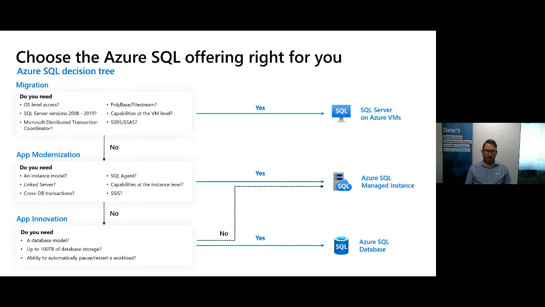Not really sure. And so this diagram here is to give you a bit of guidance around what that might be. To summarise, if you need operating system level access, or you're running a Microsoft Distributed Transaction Coordinator, we may have some capabilities at the VM level, or you may be reliant on reporting services or analysis services that you can't modernise to other Azure services right now, then SQL Server on an Azure VM is going to be your best bet to start.